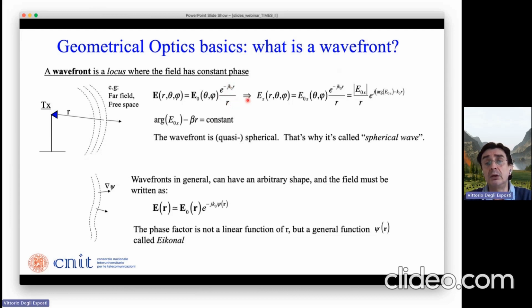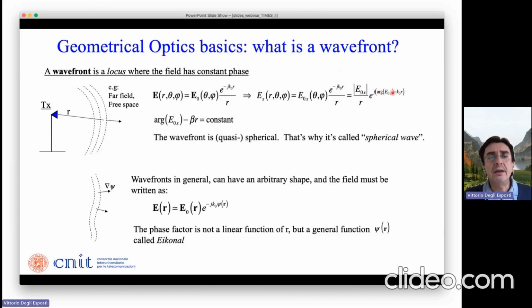If we consider only one component of the field, for example, the x component, then we have a complex factor and the propagation factor. We can factor out the modulus of the complex amplitude and put together the phase.